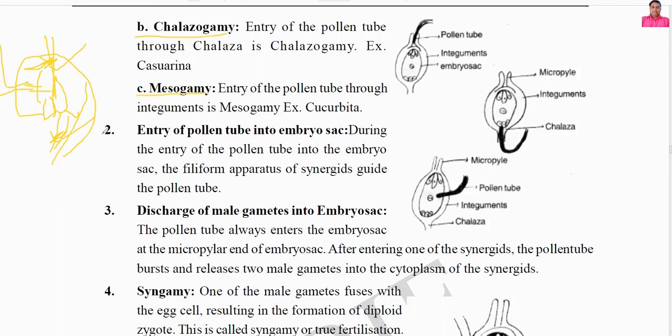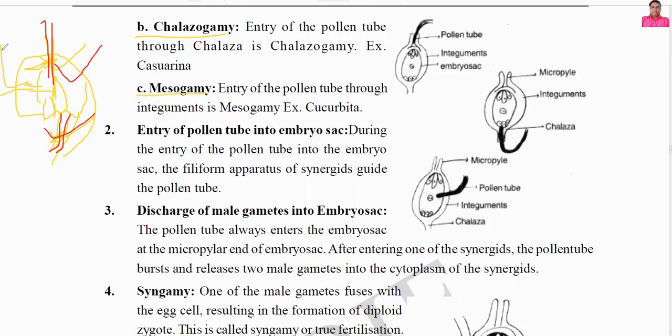Totally, the entry of the pollen tube into the ovule towards the embryo sac is of 3 types. If the pollen tube enters through the micropyle, it is called porogamy, example hibiscus. If it enters through the chalazal region, it is called chalazogamy, example casuarina.